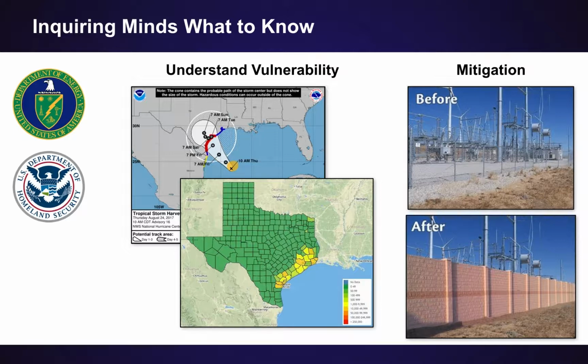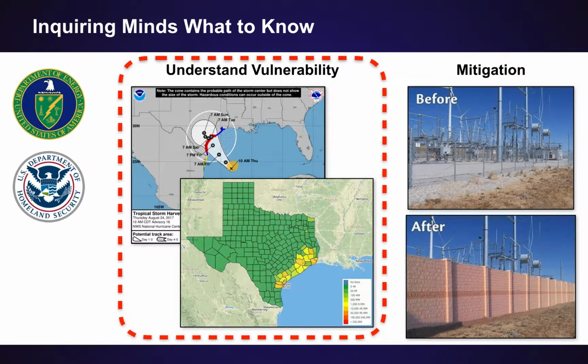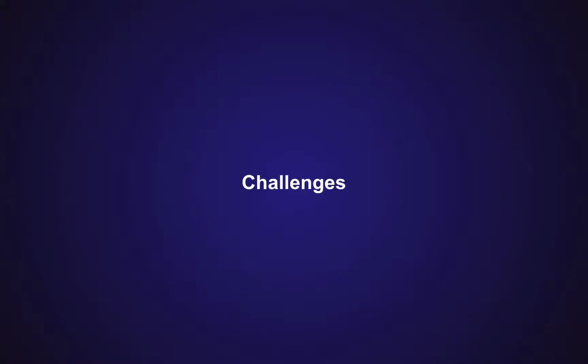So building these thicker walls is one example of how the sniper attacks have been mitigated. Now in this talk, we're going to focus specifically on just understanding vulnerability. So we're not going to go to the mitigation step yet, but that's something that would be interesting in the future.